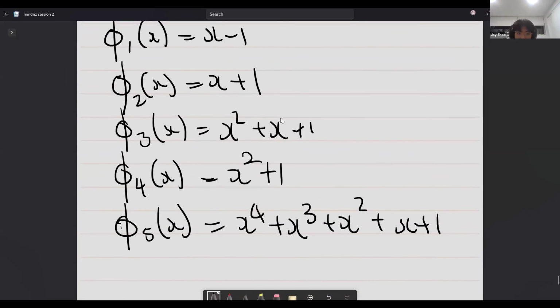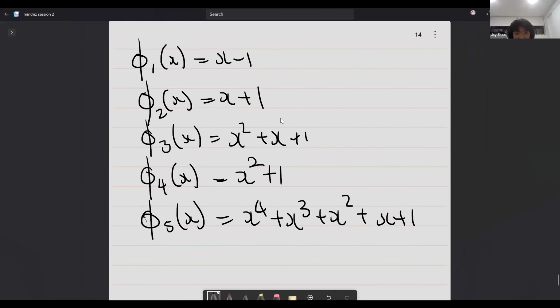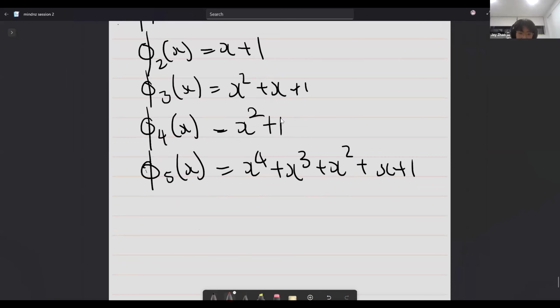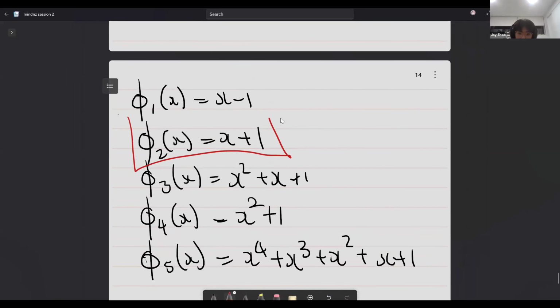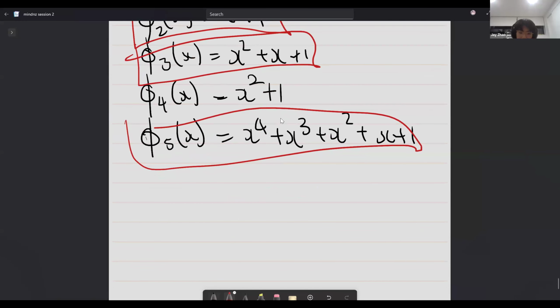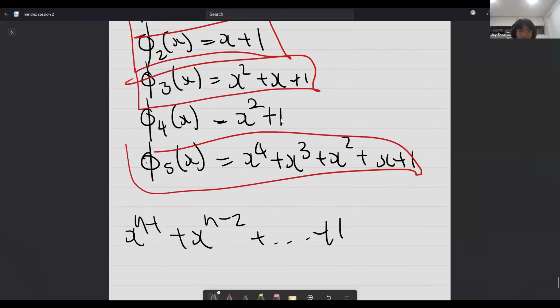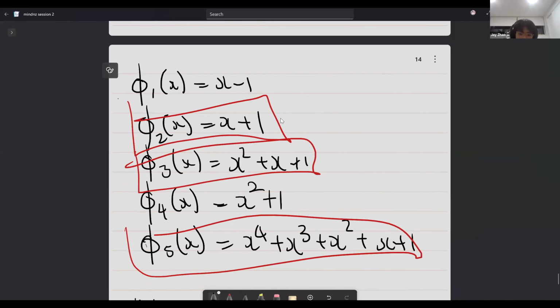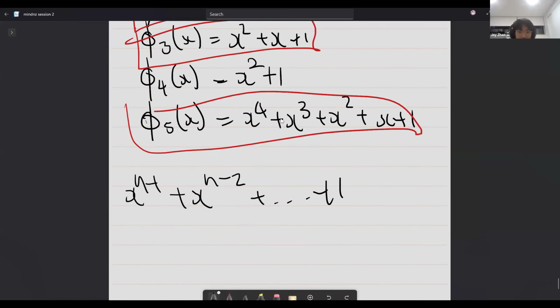And some of you guys might have noticed the pattern. For the cyclotomic polynomials of 2, 3, and 5, they look like x^(n-1) plus x^(n-2) plus ... plus 1. And you might notice that 2, 3, and 5 are each primes.